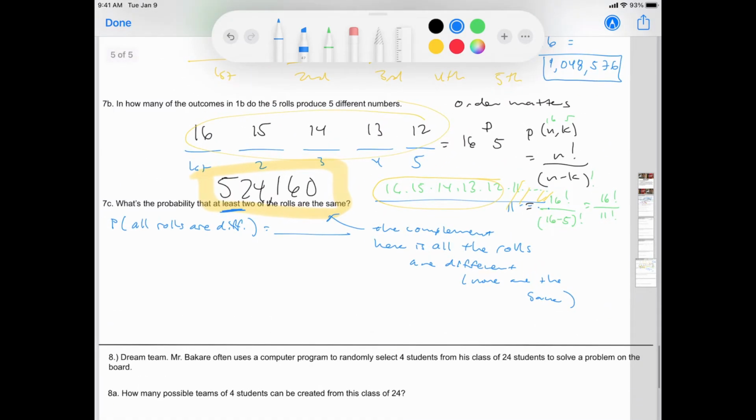So you have the total from 7A, which was 1,048,576. And then you can use the number from the previous problem because this is all different numbers. Does this make sense? And when you do that, you will get 0.4999.